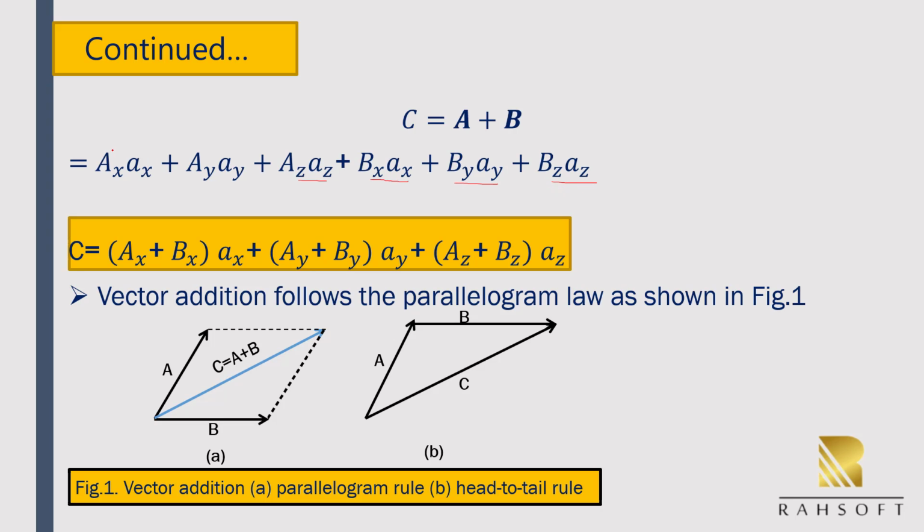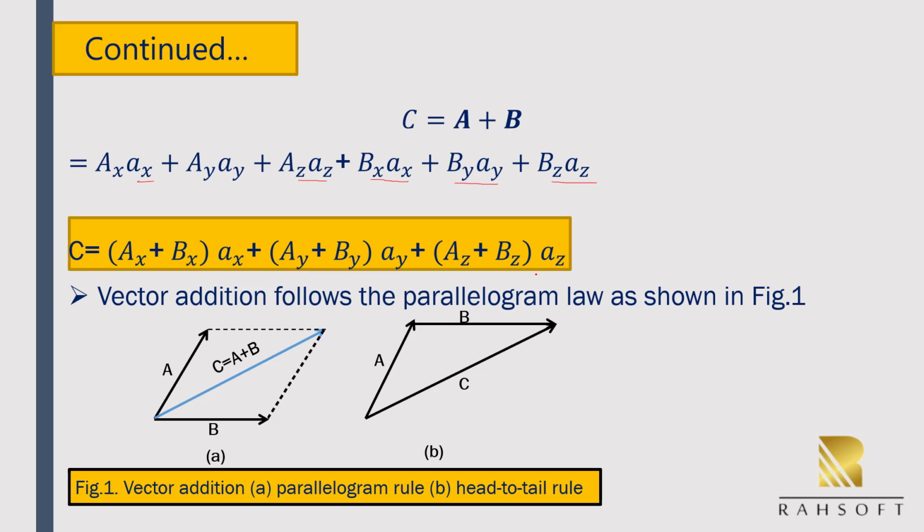So you can take the common unit vectors, like ax and ax, from these components. So it will look like AX plus BX unit vector ax. Same, we take the ay unit vector and add these components, AY plus BY, plus AZ plus BZ unit vector az.